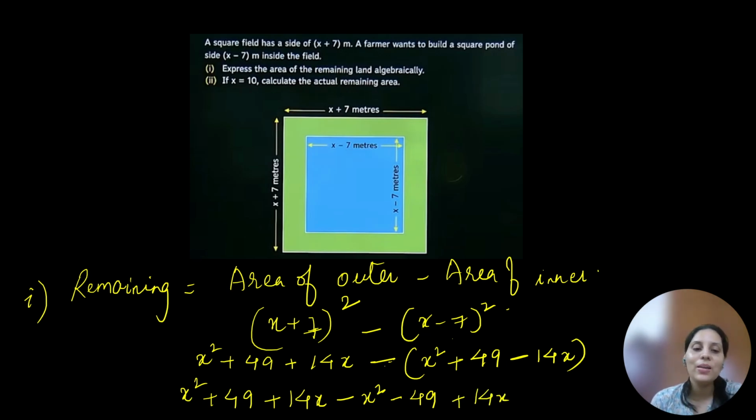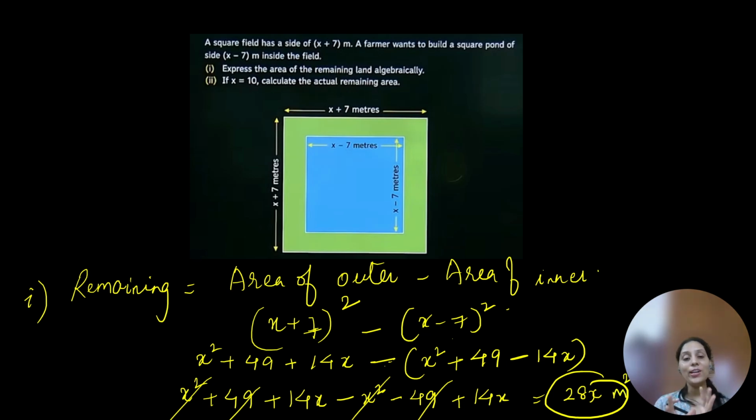So this is it. So plus x square minus x square cancel, plus 49 minus 49 cancel. So we are left with 14x plus 14x, which is 28x. So this is nothing but the area, meter square. So this is the area of the land algebraically, where we have x.